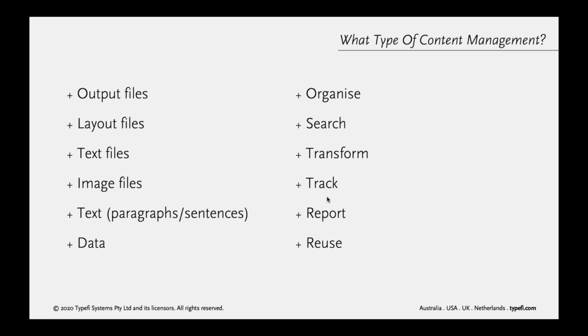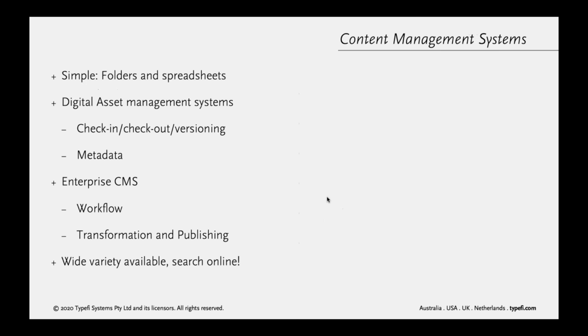And then you want to define what you want to be able to do with your content. As we said earlier, do you want to organize it, search it, transform it, track it, report it, reuse it? Because there are as many answers as organizations, you'll find many options for content management systems.